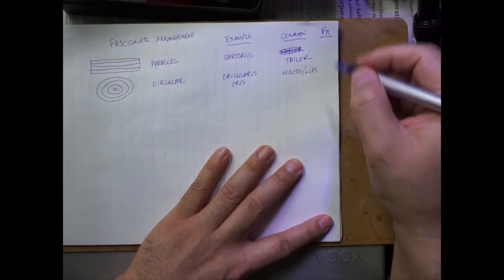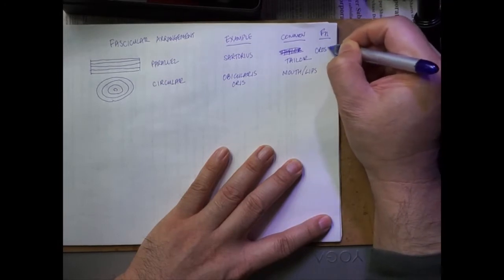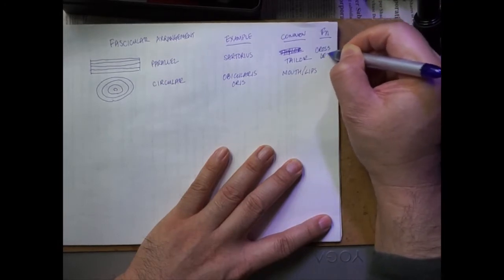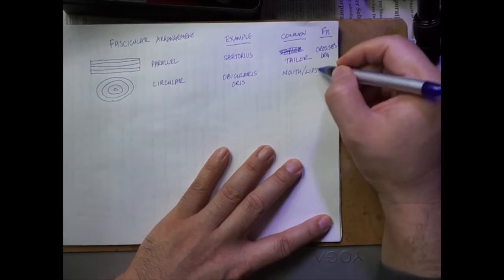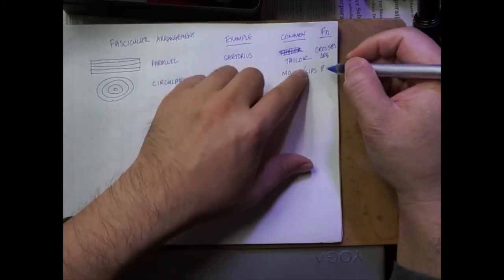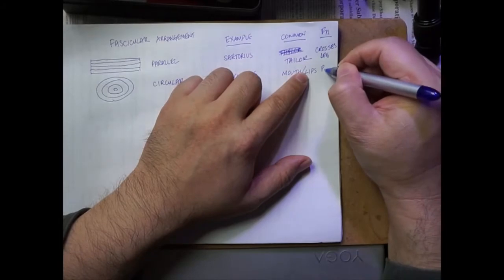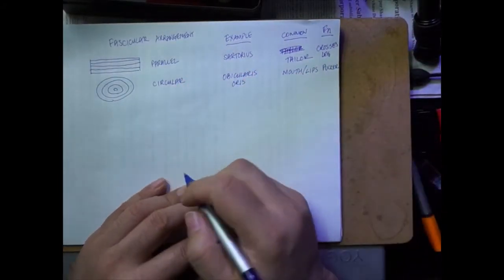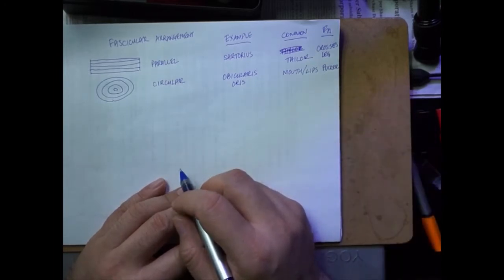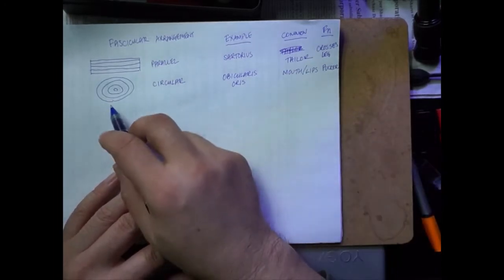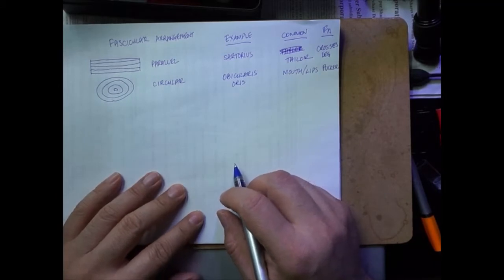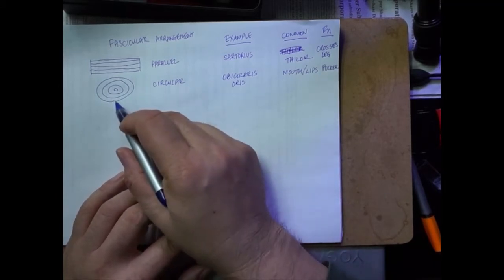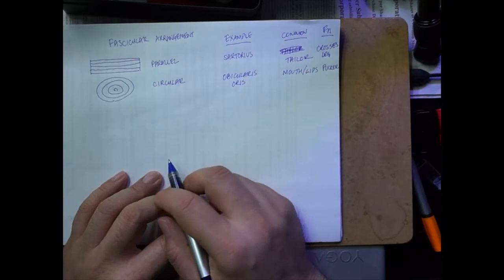We should have put that in the function too. So this is your crossing of leg. This one makes you pucker. So when you're offering a kiss, you are puckering your mouth. This allows you to pucker. So in other words, when the orbicularis oris is relaxed, your lips are flat.